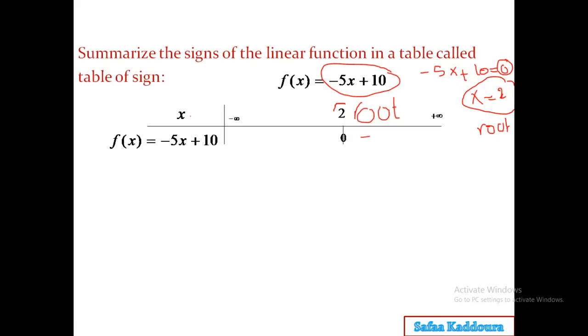At the root, the value of the function will be 0. Now, this is the region before the root, and this is the region after the root. In the region before the root, all the values of x here will give f of x a positive sign.